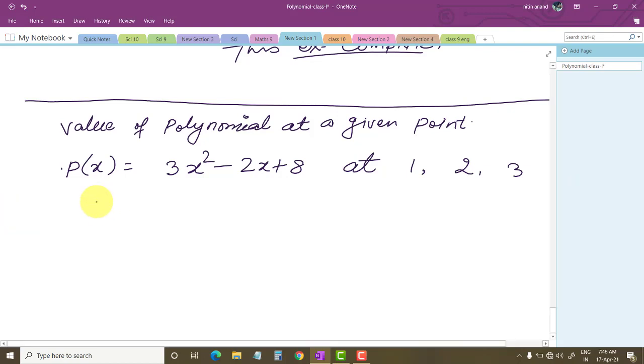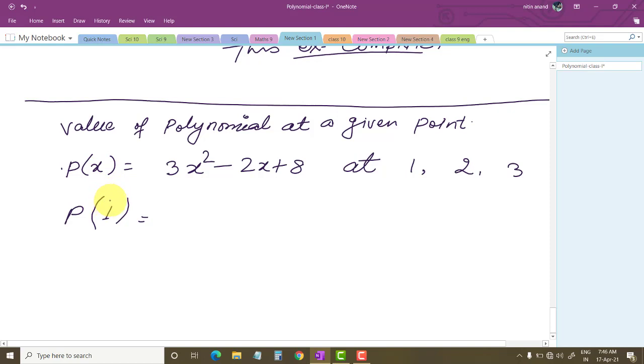Then we will write p(x) is equal to this polynomial we have given already. Then we have to find the value of this polynomial at the point 1, so on the place of x we put 1.